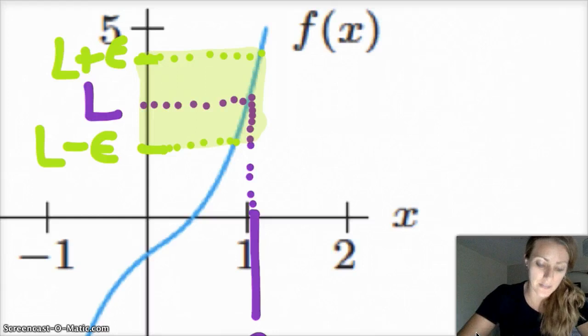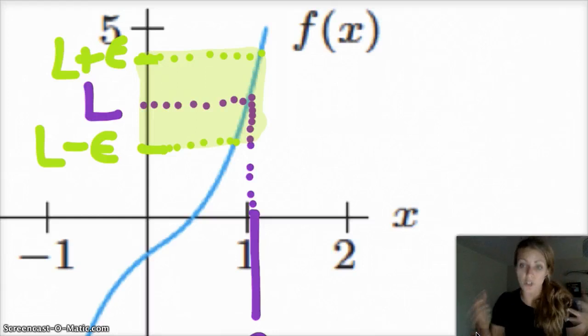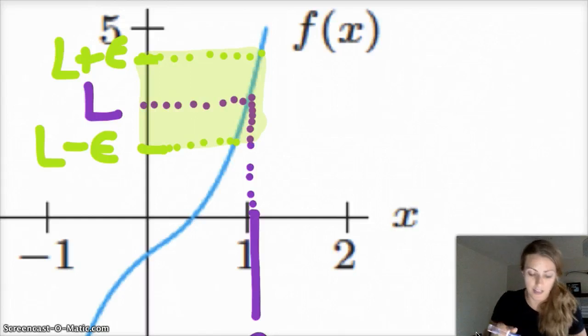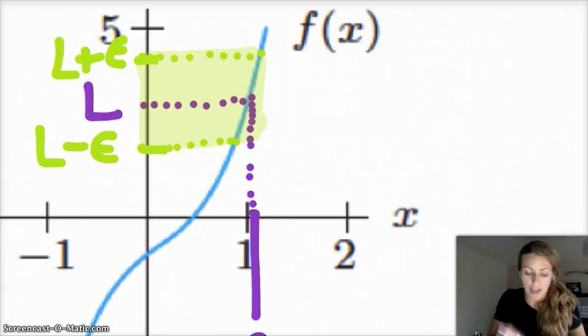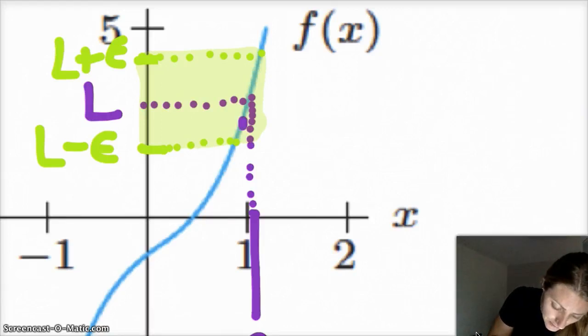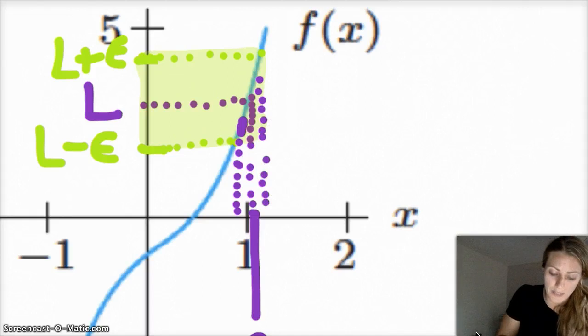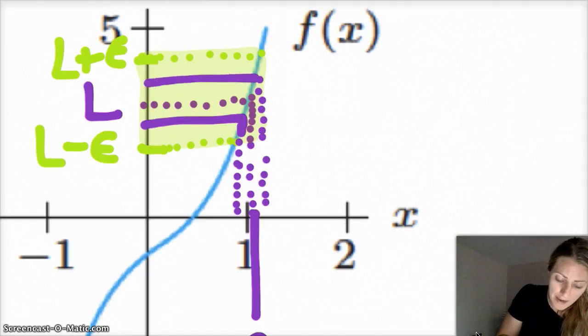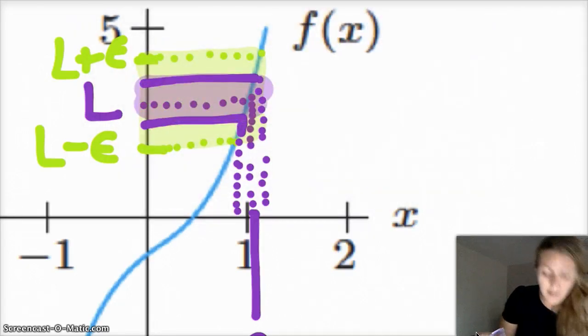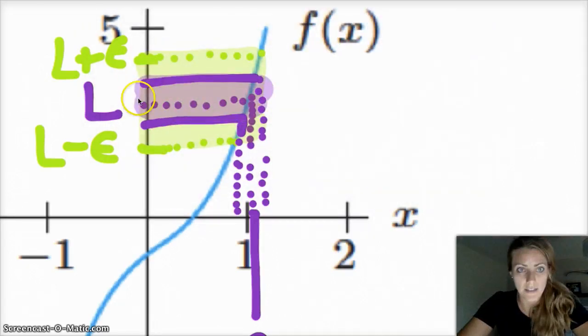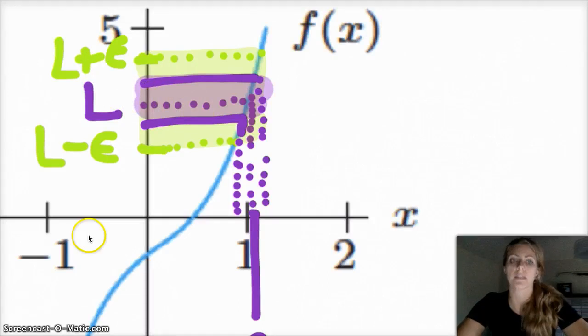If I give you that epsilon, it's your job to find me a delta on the x-axis that gets me closer to L. That delta would be somewhere like here and here. Because that would close the gap, and I would be allowed to get closer to the limit than I did with epsilon.